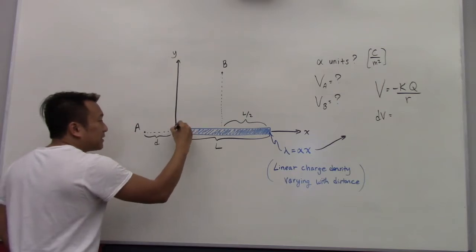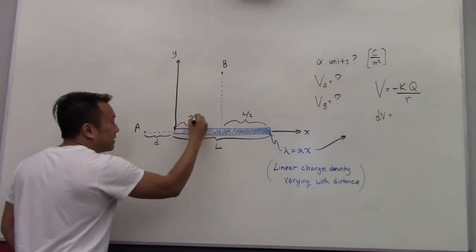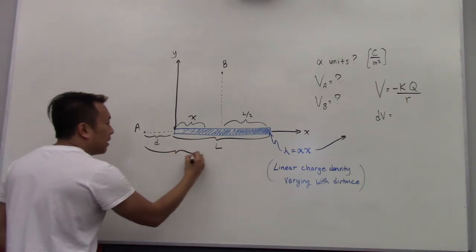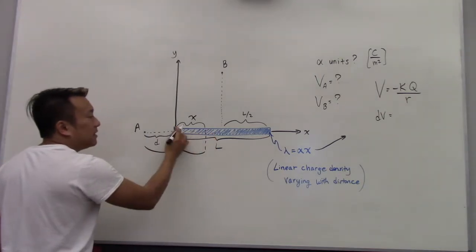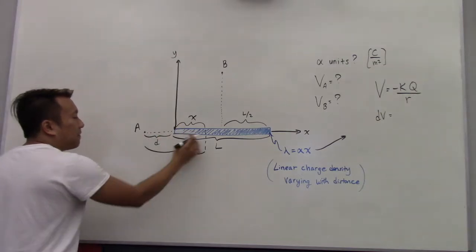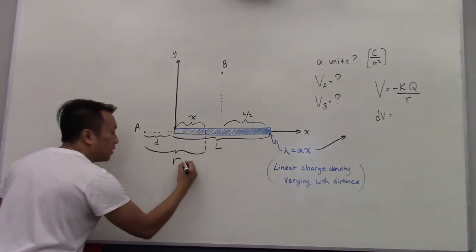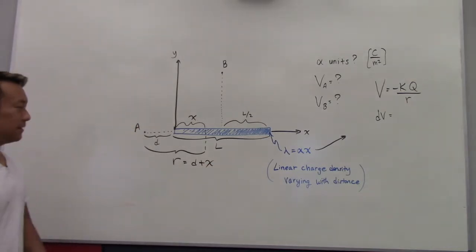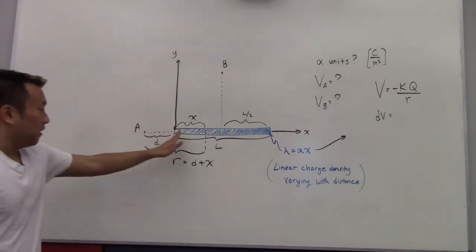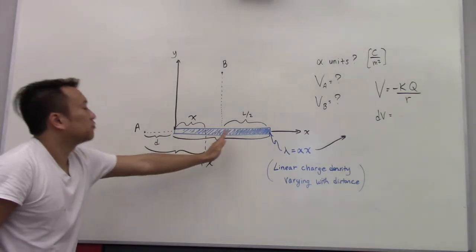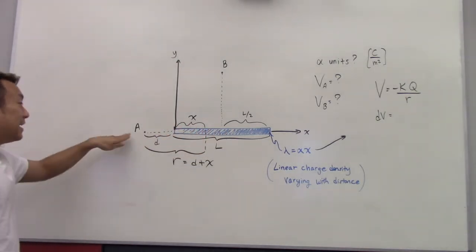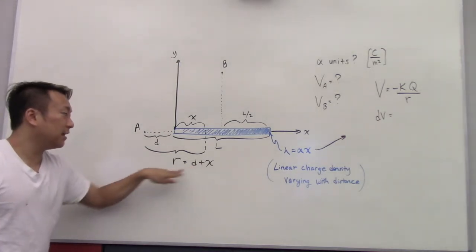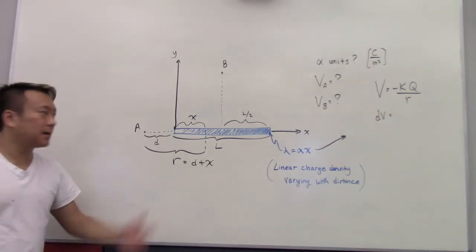This distance, let's call that distance x. So at any arbitrary distance from that origin, the distance r equals d plus x. From any point on this charged rod, the distance to A is d plus x. So x is varying, r is varying, whereas d is the constant.